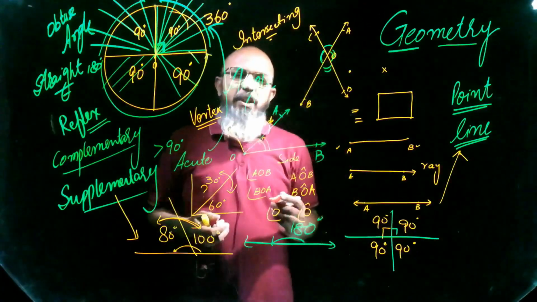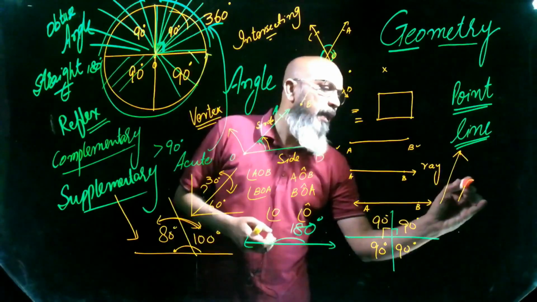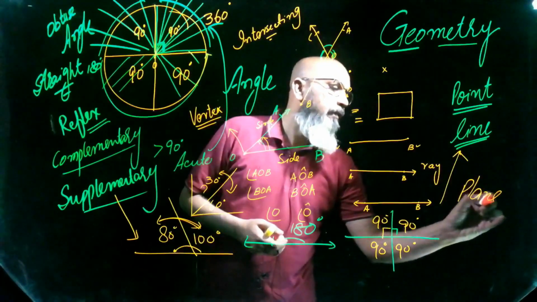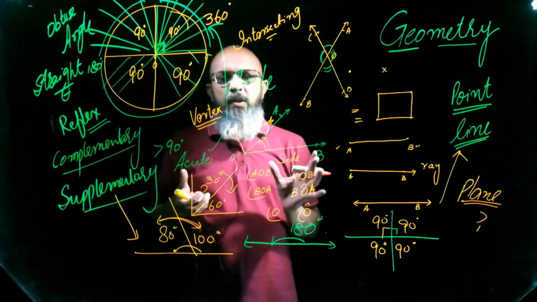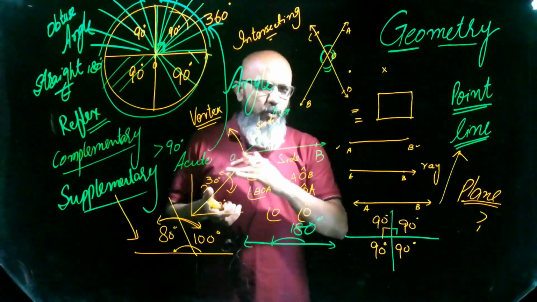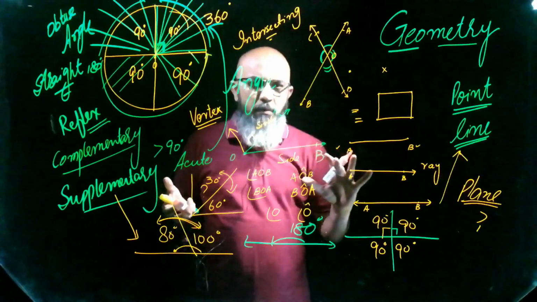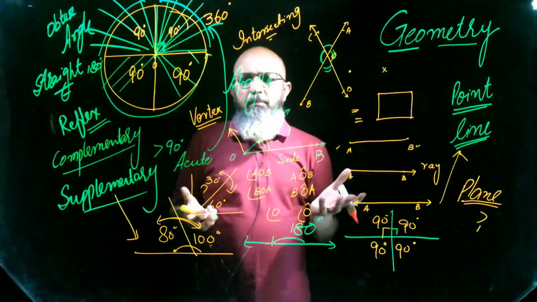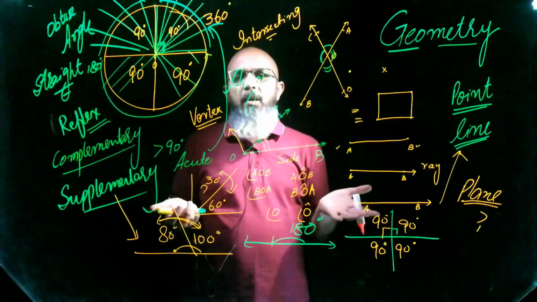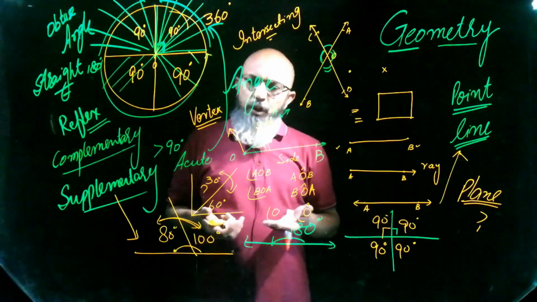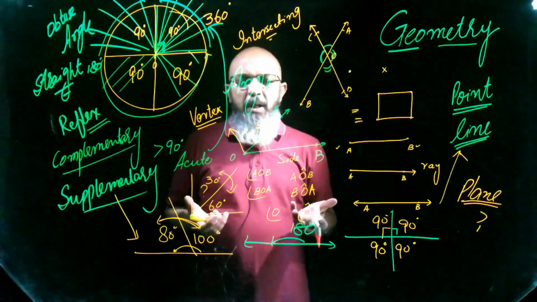Okay, now see what a plane is. A plane is basically the surface on which points are joined or formed. For example, the floor of your room is an example of a horizontal plane.